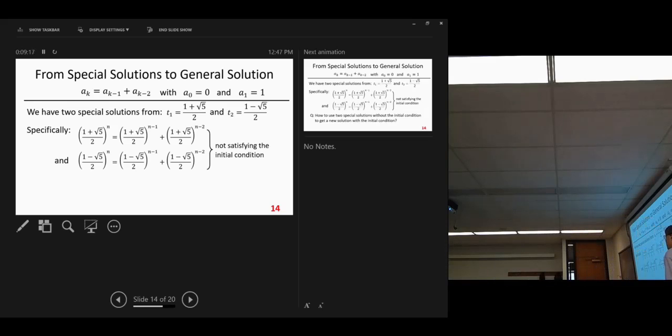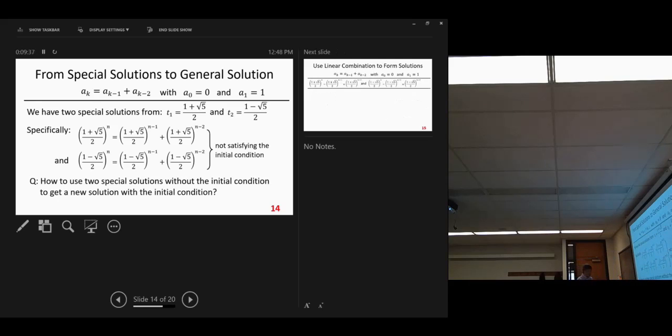After we get a general solution, then we can consider how to make it satisfy the initial condition. So we need to get a general solution, then we worry about the initial condition. How do we use two special solutions without the initial condition to get a new solution with the initial condition?